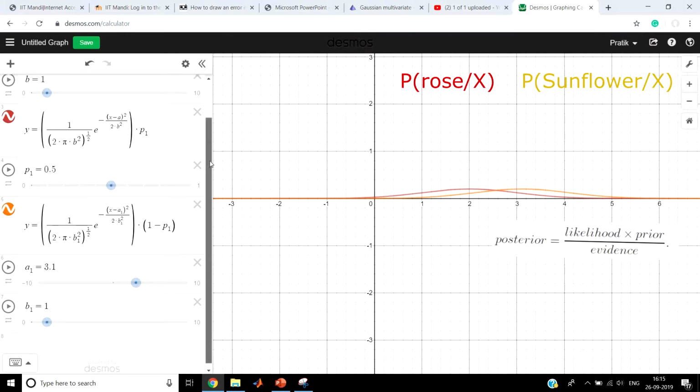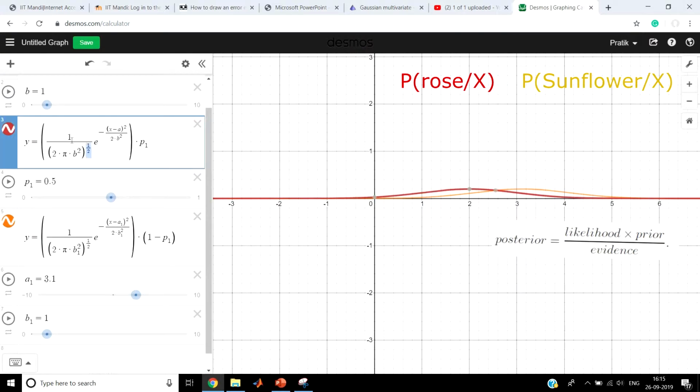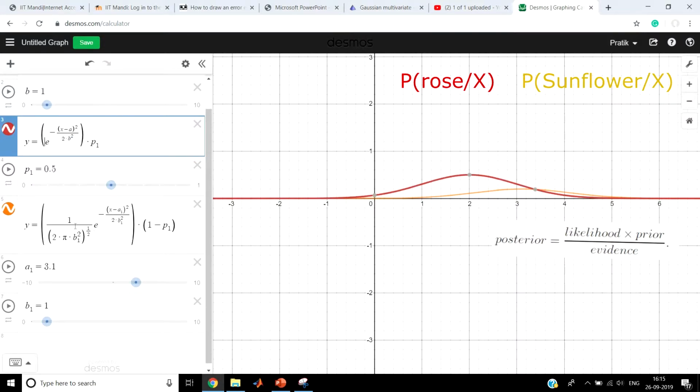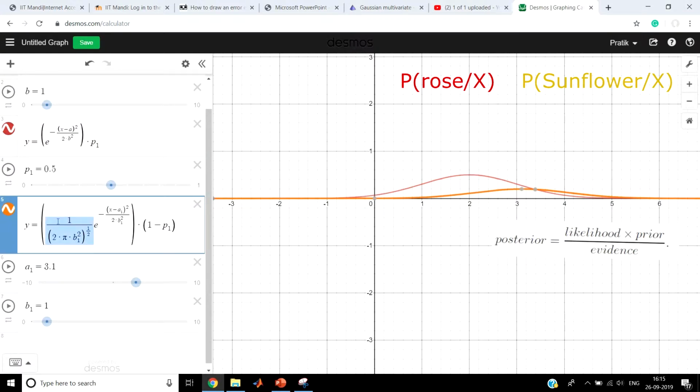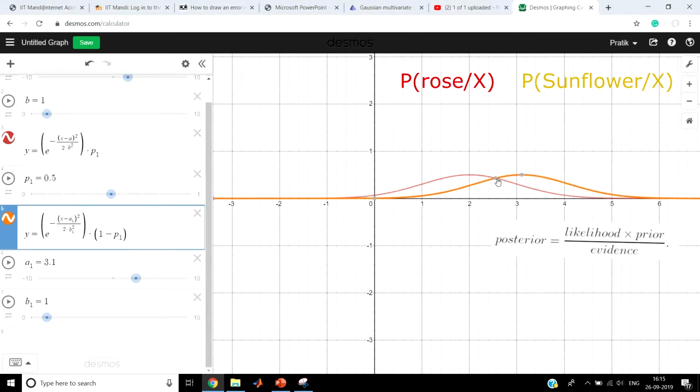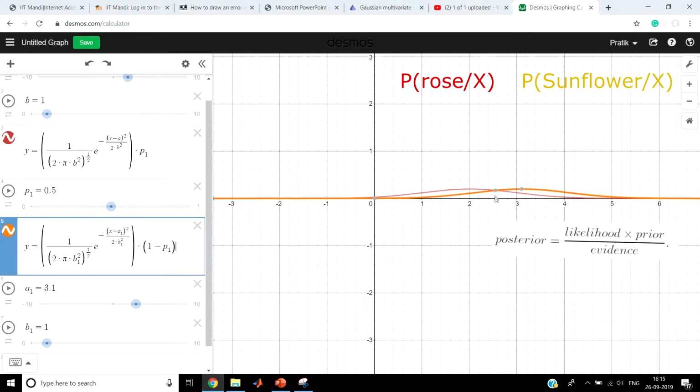So what I'm going to do is remove the scaling factor. It will not matter anything because I'm removing the scaling factor from both. You saw this point over here, and whenever I put this, the point is still over here.